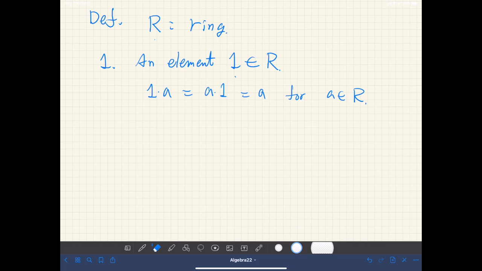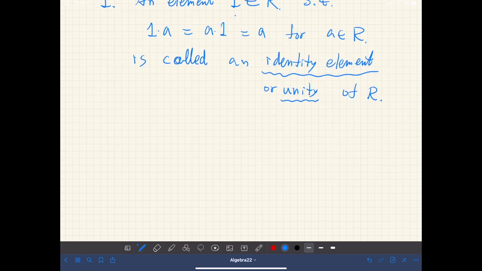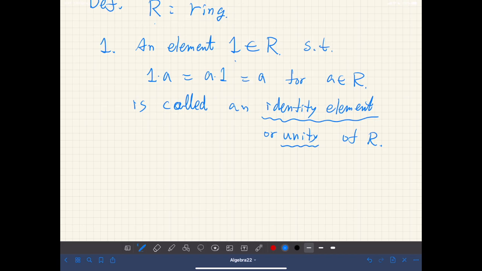Such an element is called an identity element, or simply identity or unity of R. So any element that behaves like this, multiplied with any element either from the left or the right, yields that same element, with no effect.